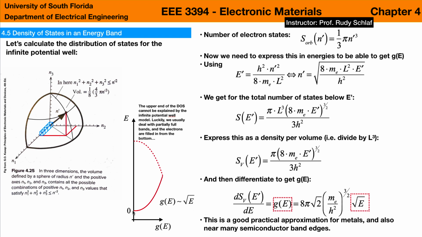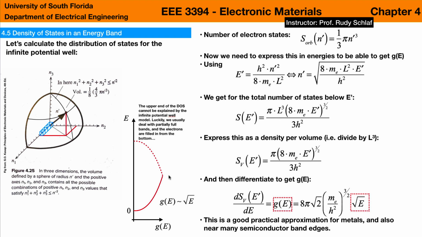And so if we plot that here starting out at the bottom of the energy band, we get here this square root function. So this seems to match the prediction of our intuitive approach at the beginning fairly well. We have a low density of states at the band edge, and we have a high density of states in the center.